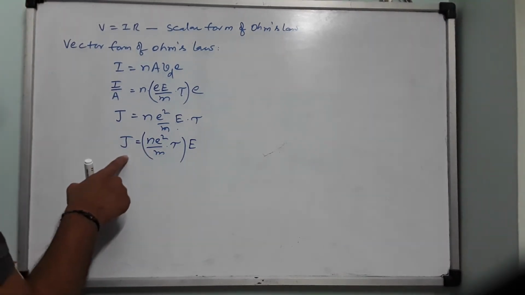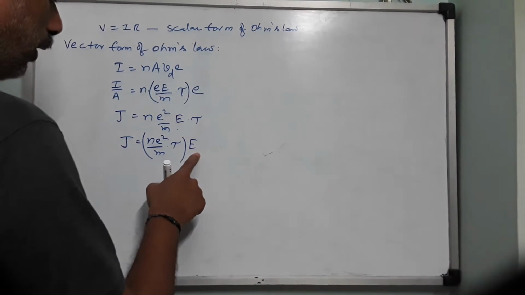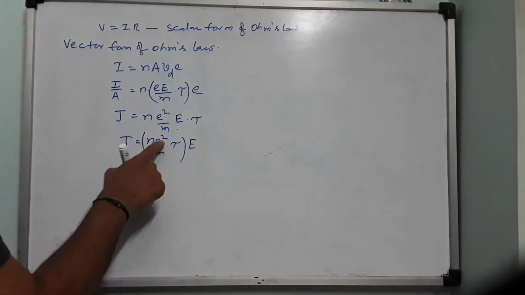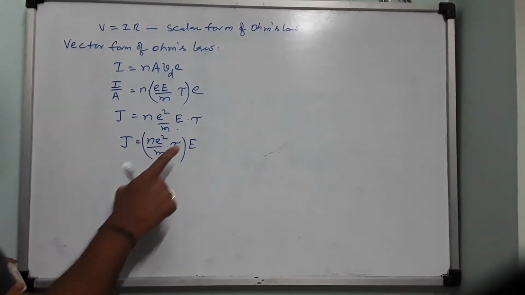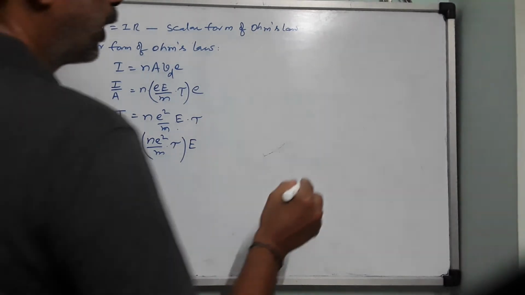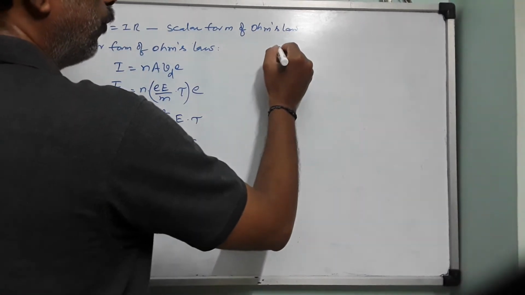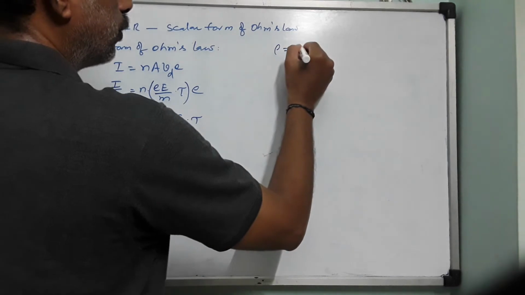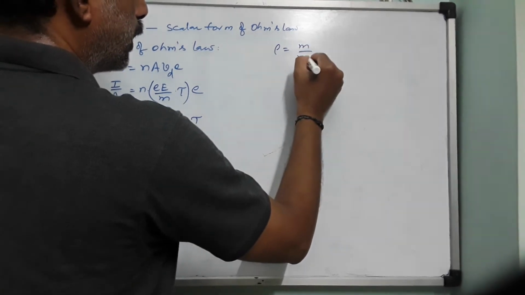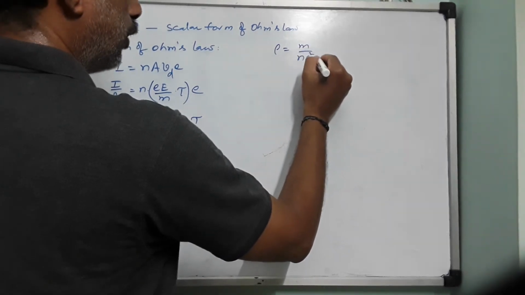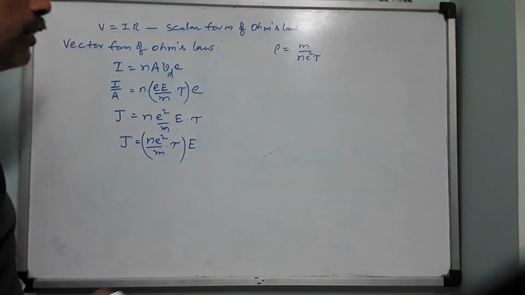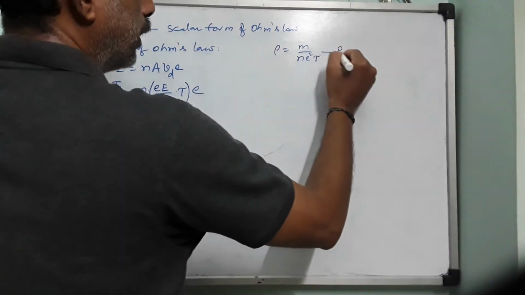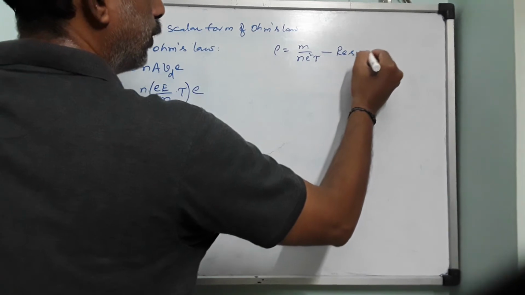J is a vector quantity. E is also a vector quantity. This N e square by m into tau is nothing but what? Conductivity. Because yesterday we have given for resistivity rho equals m by N e square tau. This is actually named as a constant resistivity.